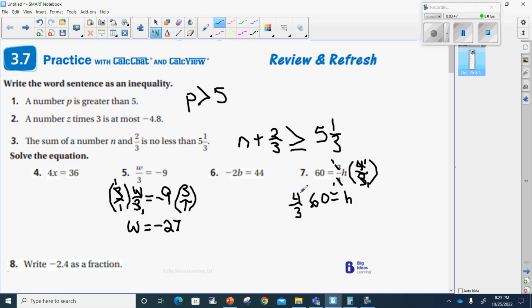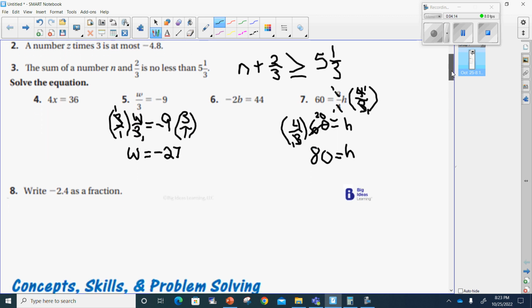Much better. All right, so how would I do this one? I see that 3 and 60 are both divisible by 3. 3 divided by 3 is 1. And 60 divided by 3 is 20. And now I have 20 times 4, and that's going to be 80. So H has to equal 80.